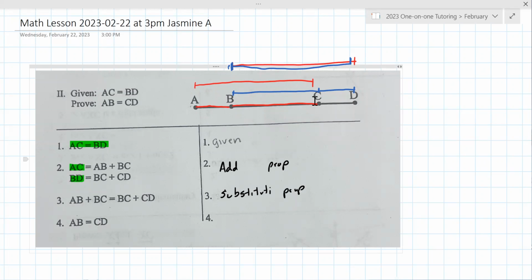And then the last line, you have to figure out, well, how do you go from 3 to 4? Basically the BCs are going away. They subtract them out. So we can just call that the subtraction property. Is that okay?